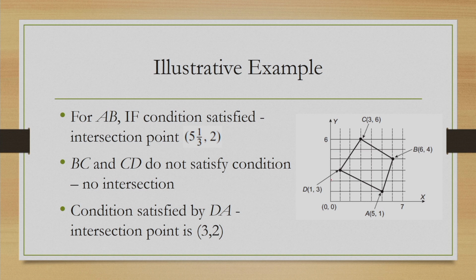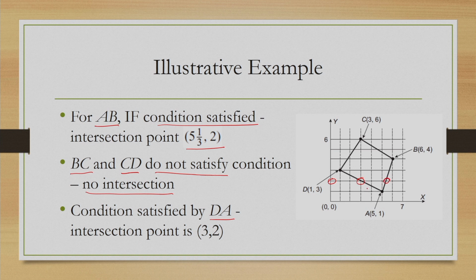Now, for y equal to 2, if we check the edges, we see that for AB, the if condition is satisfied, that means there is an intersection point. Using the edge line equation and the scan line equation, we can get the intersection point as this point. For BC and CD, the if condition does not satisfy. So, there is no intersection, and for DA the condition satisfies again.